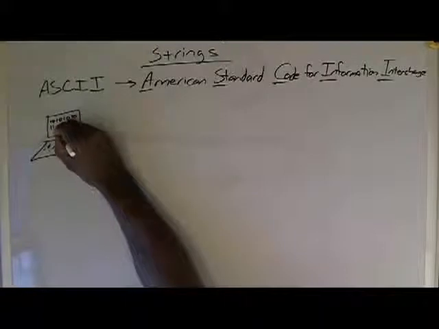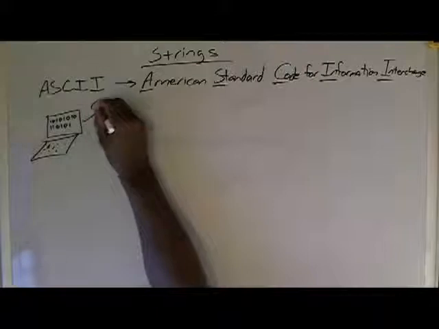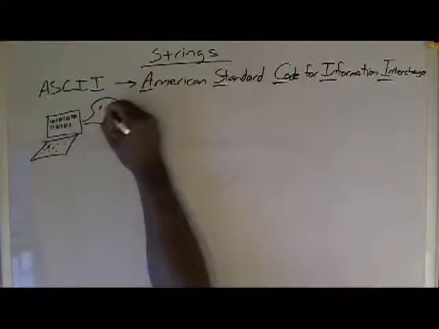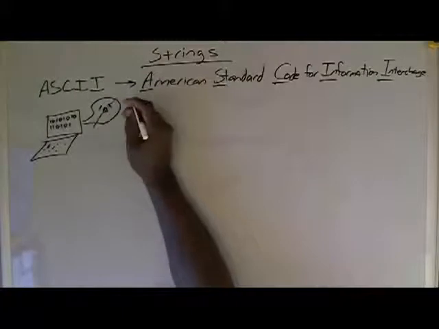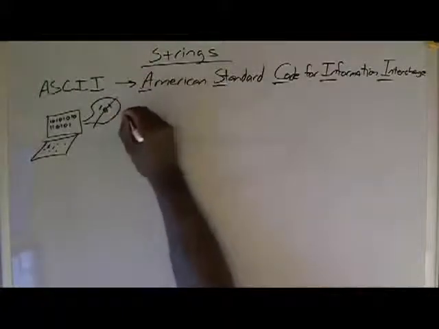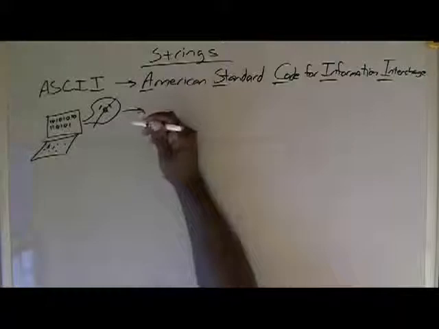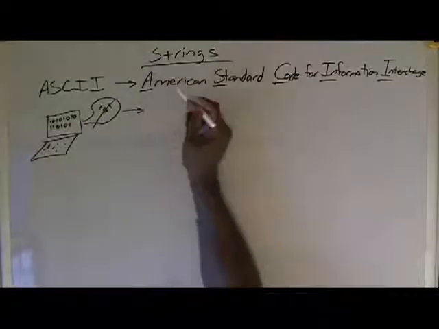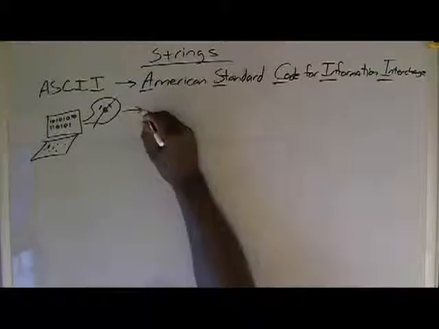It does not think in terms of letters. So if you have the letter A, the computer can't see that. It doesn't understand what that is. So you have to represent that letter A with some kind of pattern of ones and zeros. The ASCII table tells us what the A is represented as.